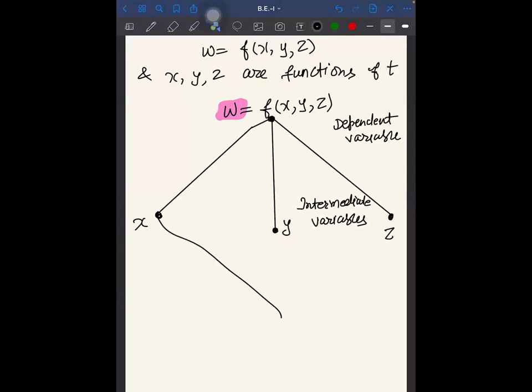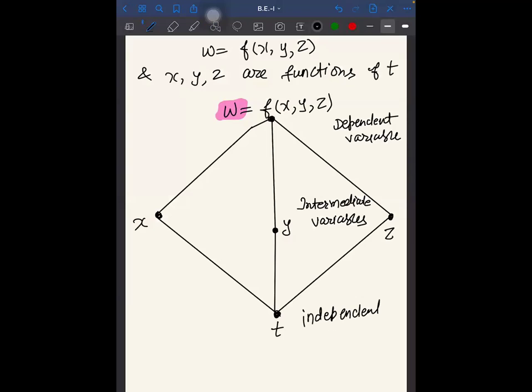Here your independent variable is t. So let us mark it, with the same color so that it is easy to understand.